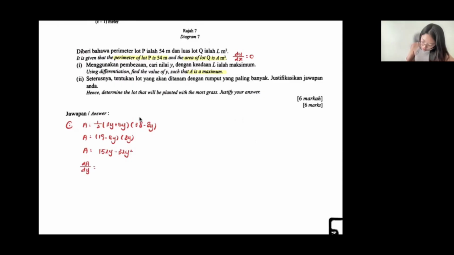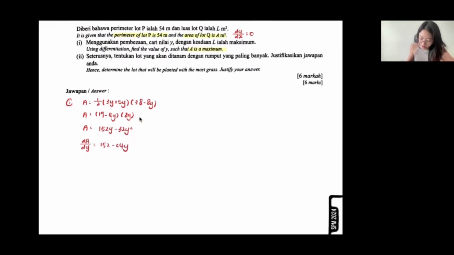So this will be 152 minus 32 times 2, which is 64y. Then substitute equal to 0 to find y when it is maximum. 64y equals 152, 152 divided by 64, which is 19 over 8. In decimal, it is 2.375 meters. It is maximum when y is 2.375.